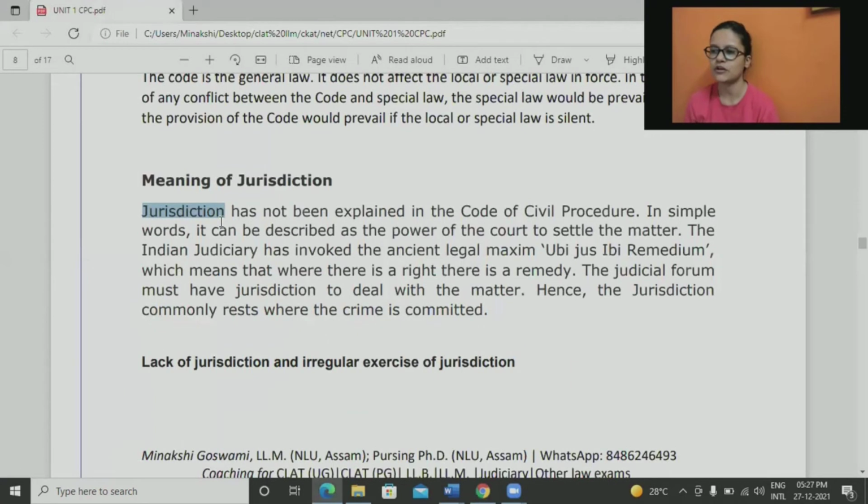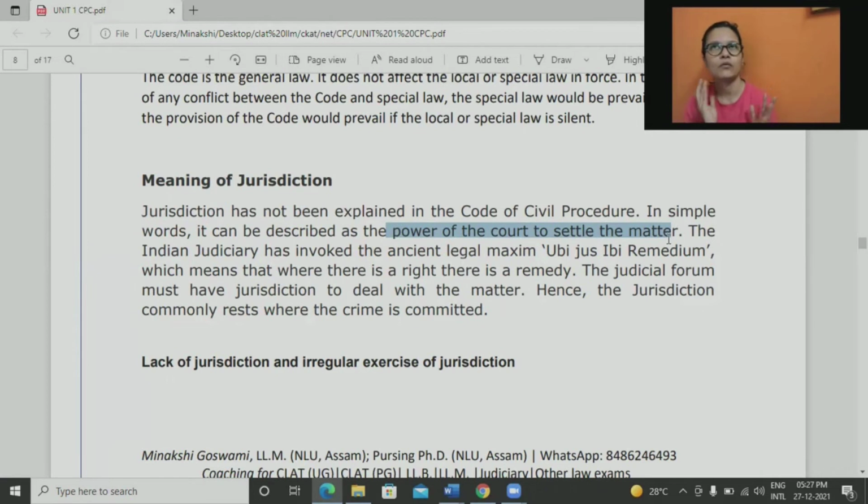In simple words, it can be described as the power of the court to settle the matter, whether the court has the authority or power to take up a certain matter and give a decision on it or not. That is nothing but, in simple words, what jurisdiction is.